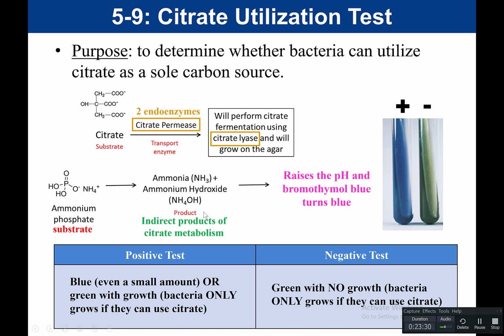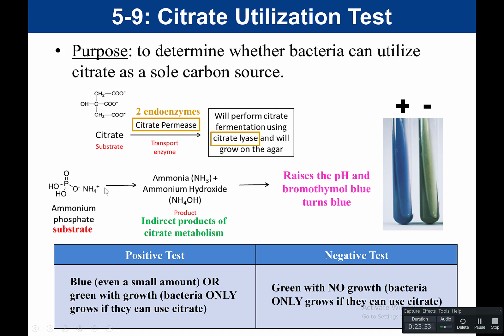These are our products. And again, these are indirect products of the citrate metabolism. We're not detecting the products of citrate metabolism directly. We are using an indirect method because if bacteria utilize the citrate, they will also utilize the ammonium phosphate because they need a source of nitrogen.